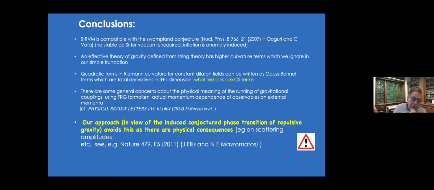And so we may not be falling foul of the criticisms in PRL, but again, ours is a conjectured relationship, so we can't say it's very rigorous. But all I can say is that my co-author, Nick Mavromatos, did some work on this in 2011 with John Ellis. And so he tells me that he doesn't think his earlier criticisms apply to this work. So that at least makes me feel somewhat better, but that's not a scientific reason as such. But nonetheless, I'm encouraged by what Nick tells me.